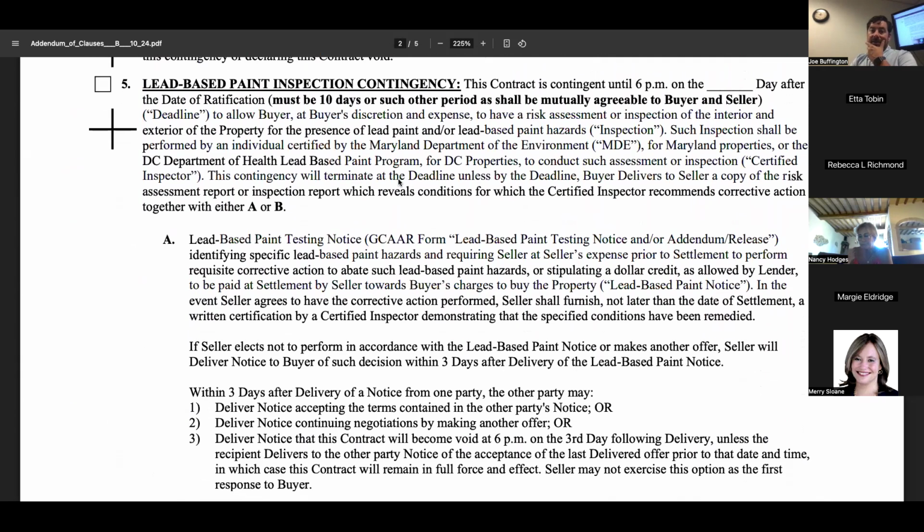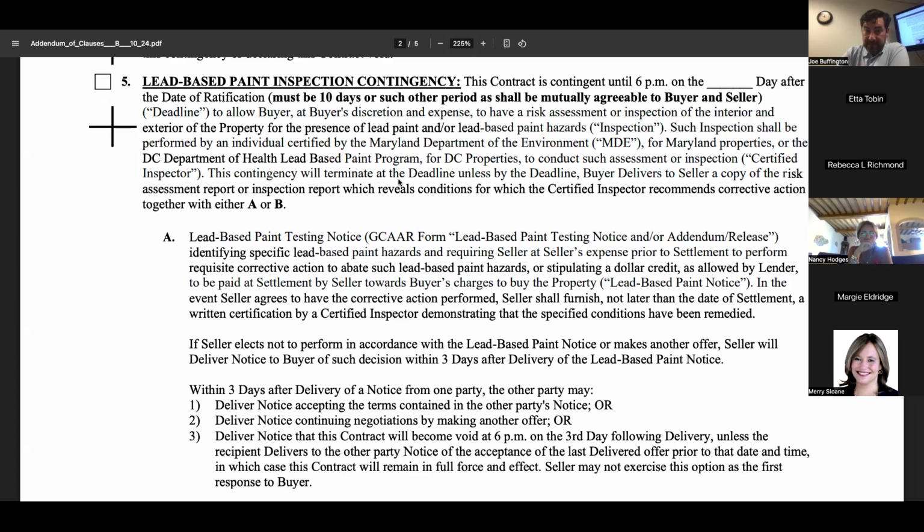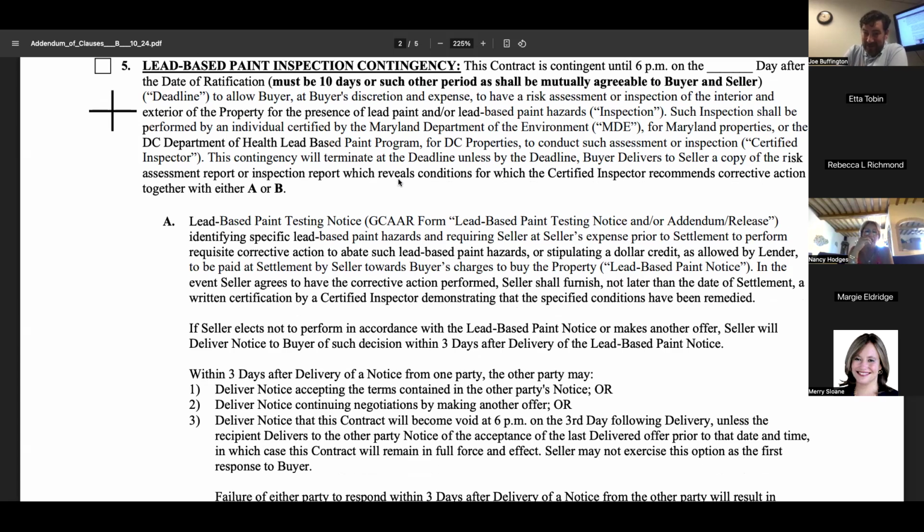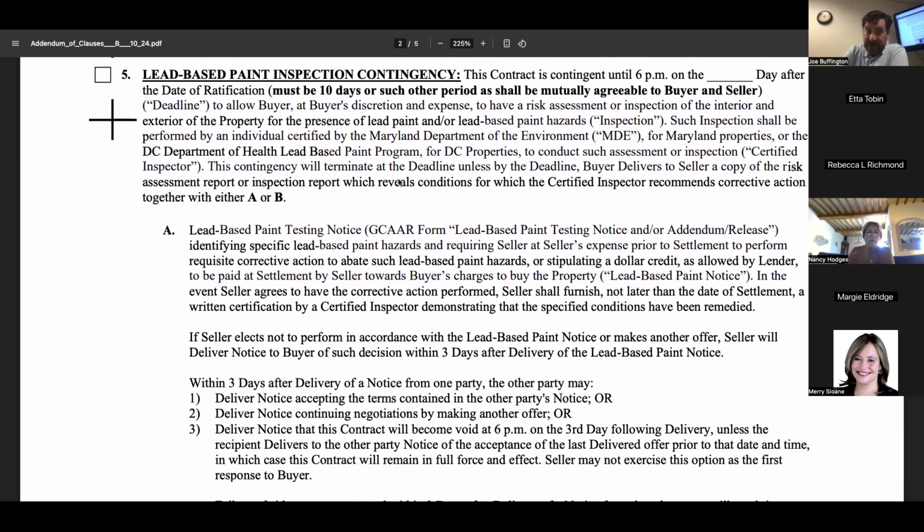Okay, 5, lead-based paint. So this allows the buyer to have a lead-based paint inspection. We rarely ever see these, but this is the paragraph that allows it. Lead-based paint is not part of your home inspection contingency, so you need a separate inspection for this.